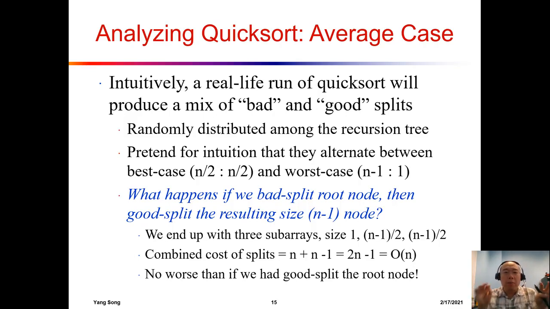We don't know. But there is a probability: the chances will be equal that we have a 1% to 99%, or 2% to 98%, or 3% to 97% partition. We want to consider all the possible chances so that we can do a really accurate analysis of the average case.